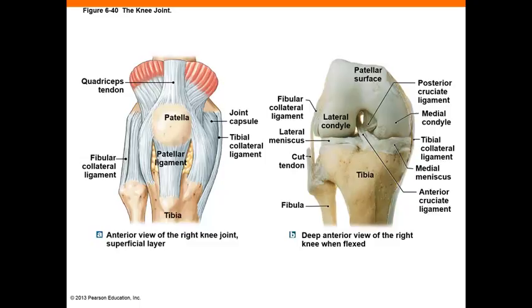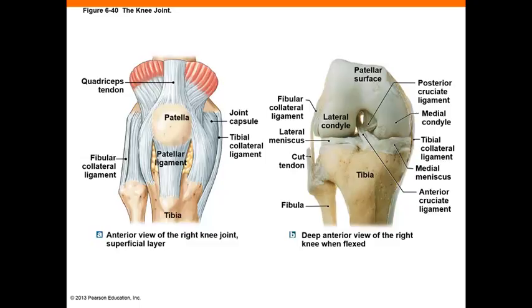There's no single unified joint capsule, but there are many joint capsules instead, and the condyles are cushioned by the medial and lateral menisci. We also have a number of fat pads in the knee for padding. We have multiple ligaments from different angles that support the knee. Therefore, a dislocation of the knee is not very common.